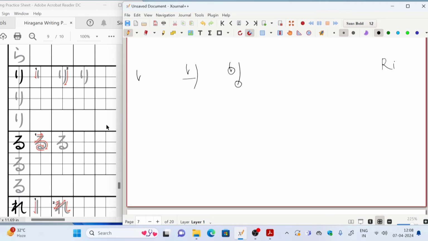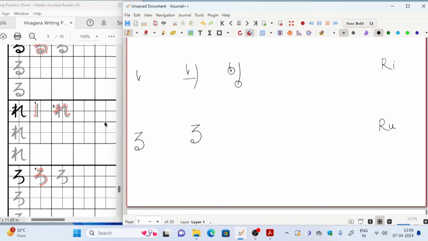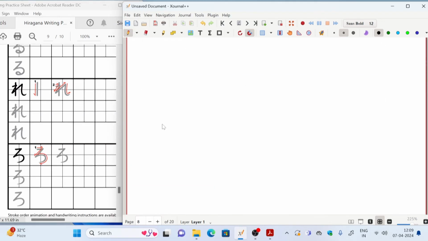Next is ru. It's very simple. Write 3 and just put a circle here. So this is ru. Next is re. First line, which is a straight line, and then this is a curve here.